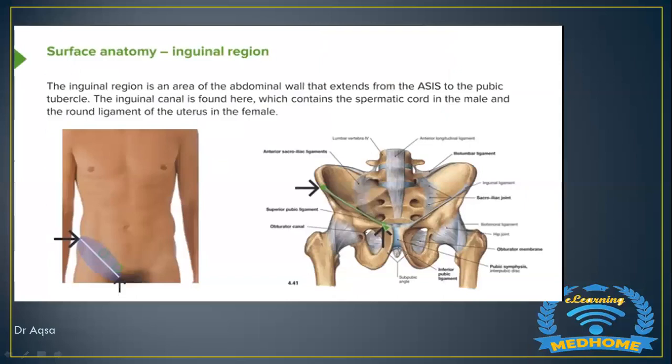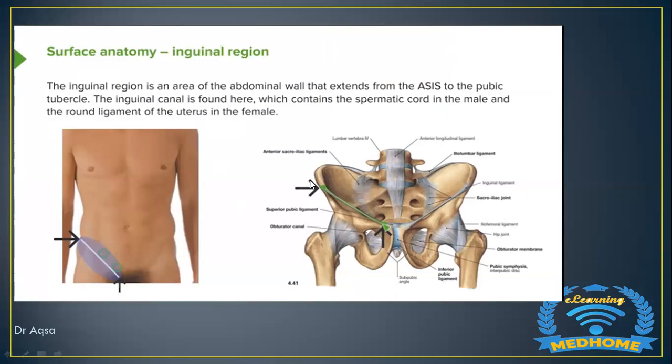Now, what is the inguinal region? The inguinal region is basically an area of the abdominal wall which is extending from the anterior superior iliac spine to the pubic tubercle. If you look here in the diagram, this is the anterior superior iliac spine and it is going up to the pubic tubercle.